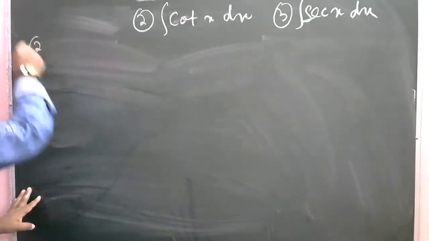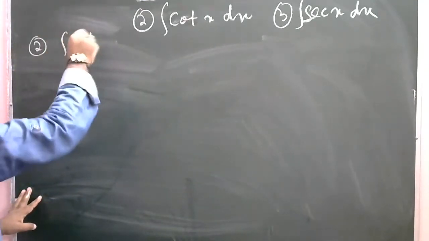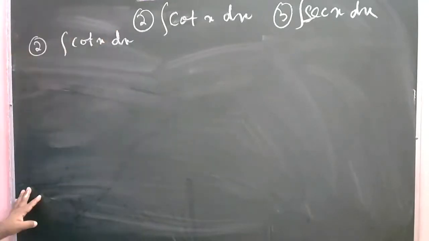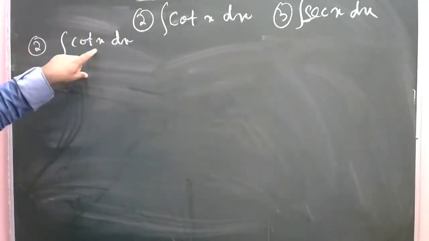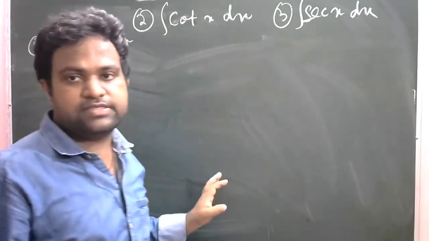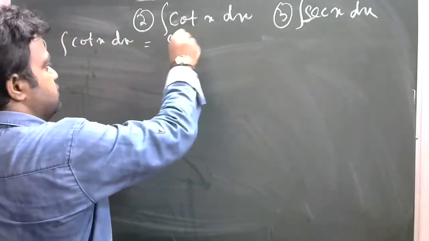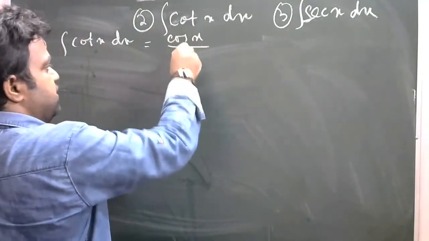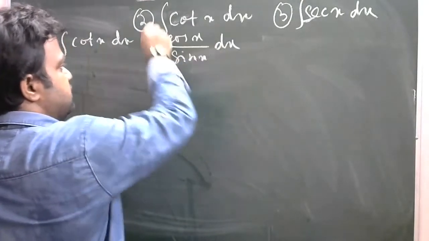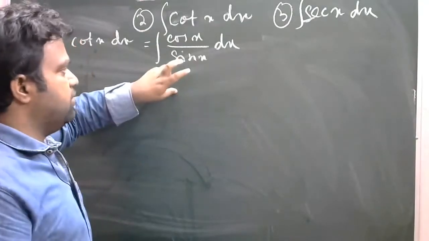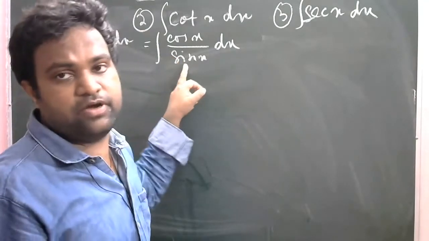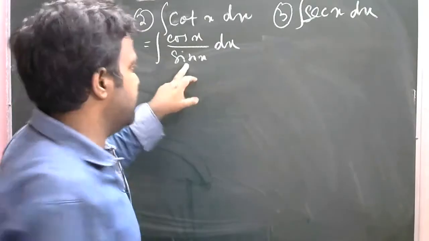So integration of cot x dx. Now we know what cot x is. Cot x is cos x upon sin x dx. Now again, I think it's good for me to choose the sin.